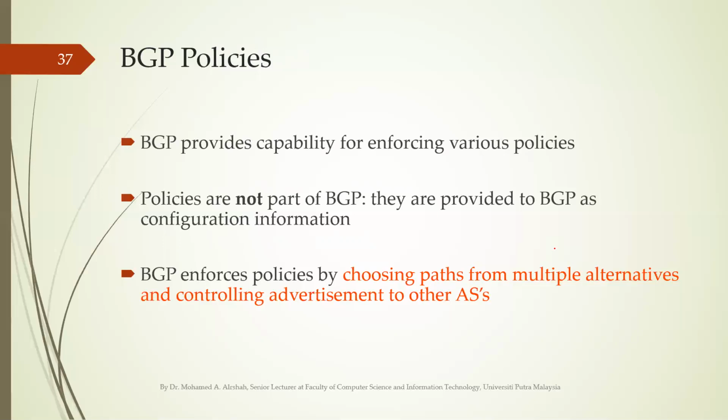Also, BGP enforces policies by choosing paths from multiple alternatives and controlling advertisement to other autonomous systems. So the role of the policies is only to choose paths from multiple alternatives and to control advertisements to the other autonomous systems. That's all about the policies.